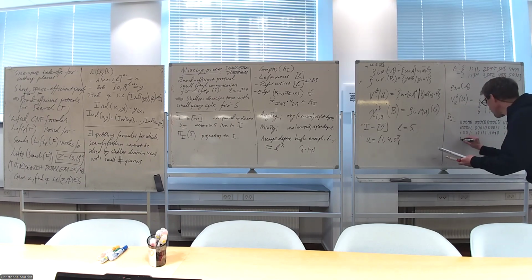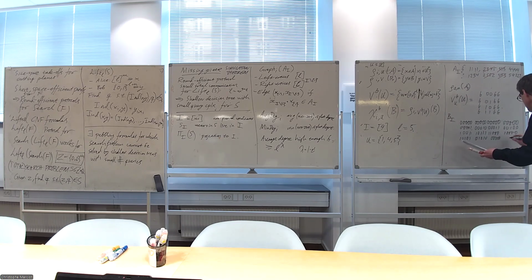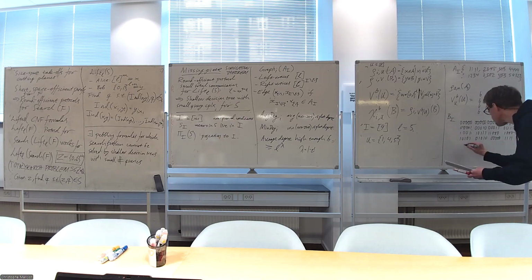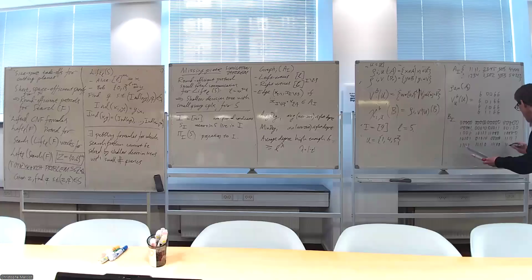Two more. 1, 0, 1, 0, 1. 0, 1, 0, 1, 0. 0, 0, 0, 0, 0. 1, 1, 1, 1, 1. So far we have 4 B vectors, right? Each row is a B vector, and let's just do a final one. 1, 1, 1, 1, 1. 1, 1, 1, 1, 0. 1, 1, 1, 0, 0. 1, 1, 0, 0, 0. Okay.